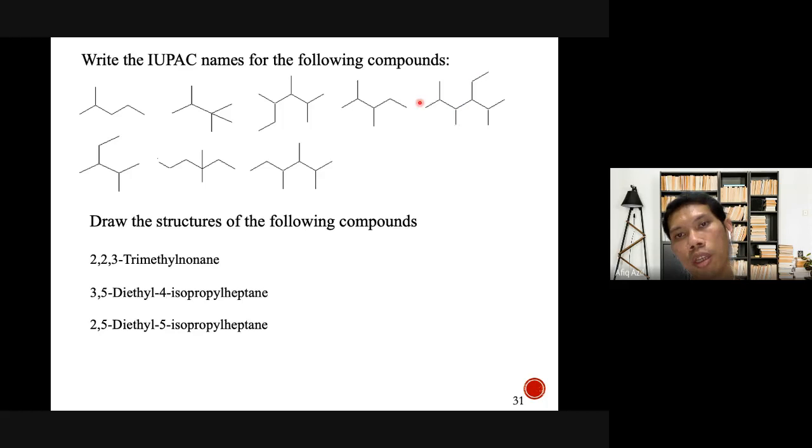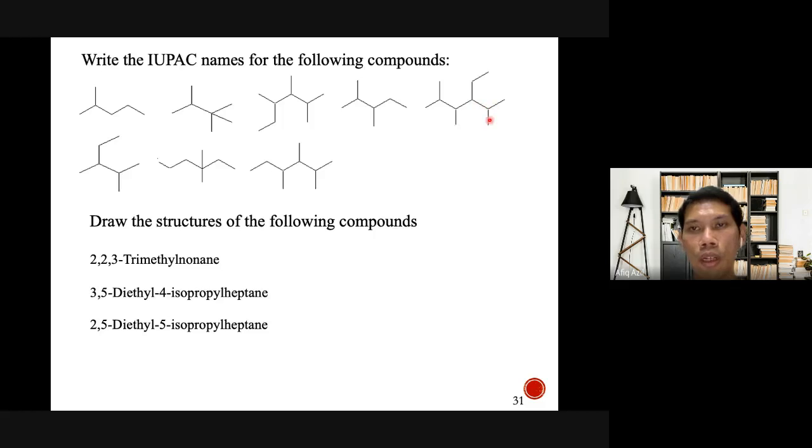But if you stay on numbering from the other side, 1, 2, 3, 4, the ethyl ends up being at carbon number 4. So to follow the IUPAC rules, the numbering should start from here, 1, 2, 3, 4, 5, 6.